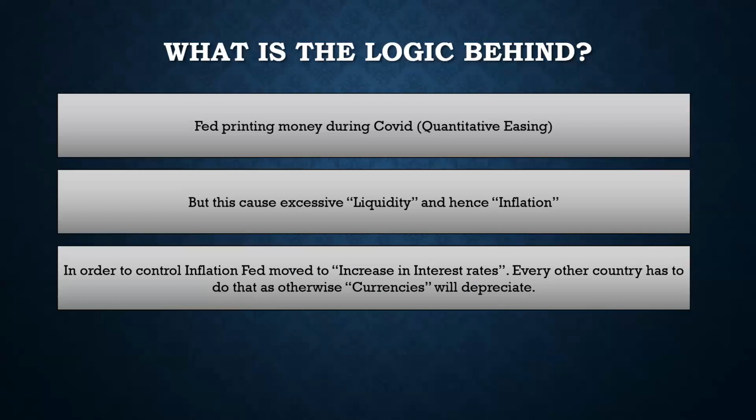Because they are a major economy, all other countries have to do that, because every country trades in some manner with the US, right? And that's why, to prevent other challenges from happening, they also had to increase the interest rate. Their currencies otherwise would have depreciated, and because of that, we also had to face a similar issue.